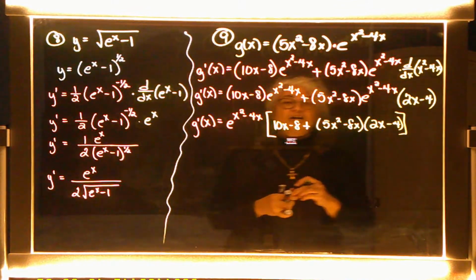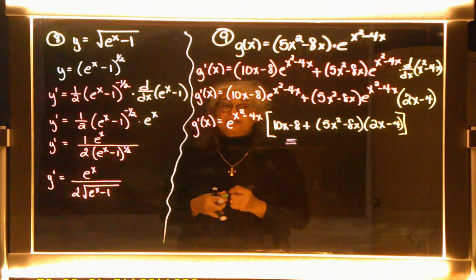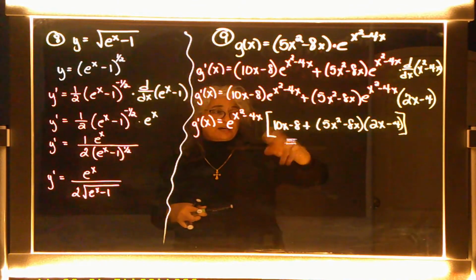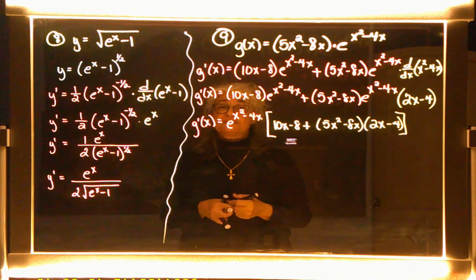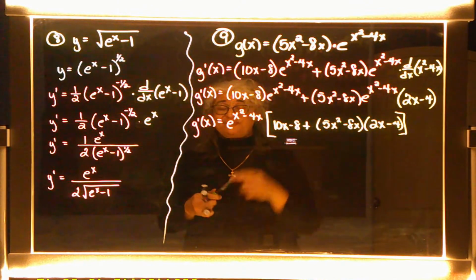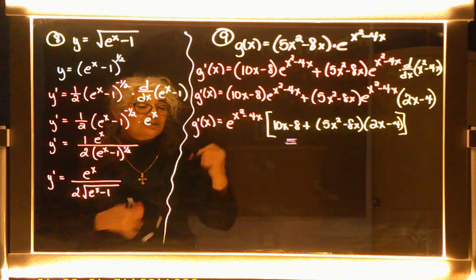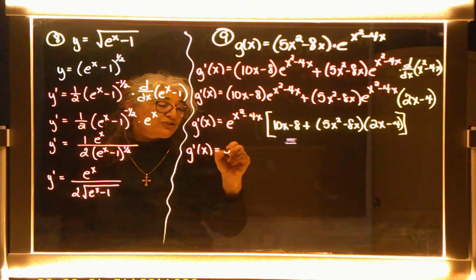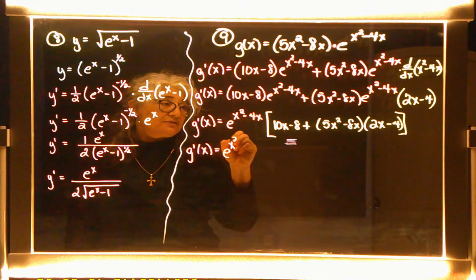Now what? Simplify what's in the brackets, right? What do you have to do first? You have to multiply these two together first. Wow, this problem isn't just testing your knowledge on how to take the derivative.